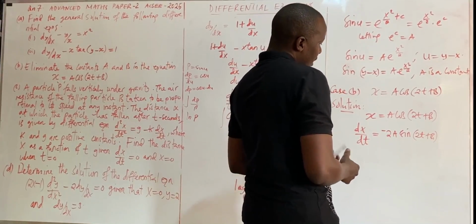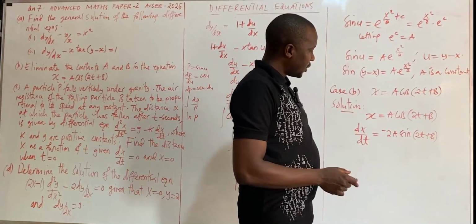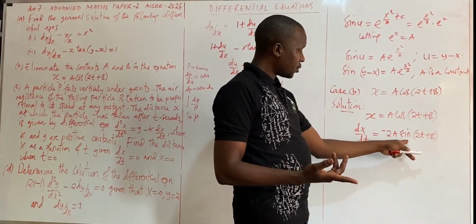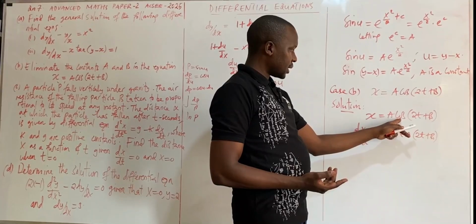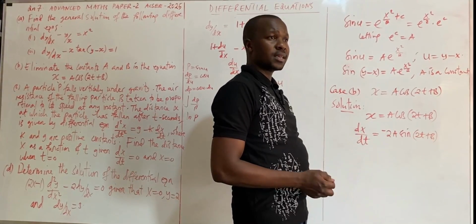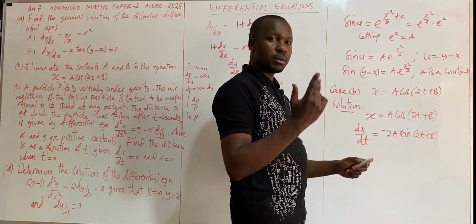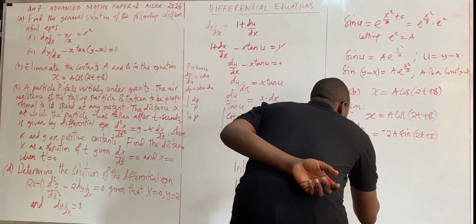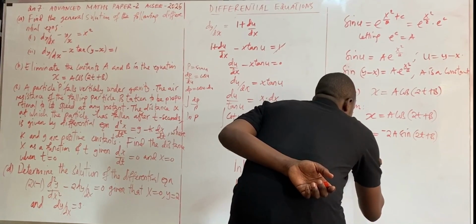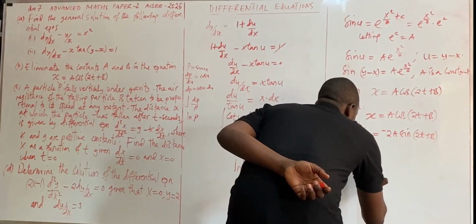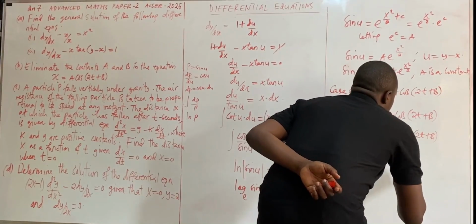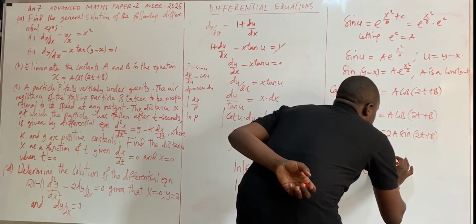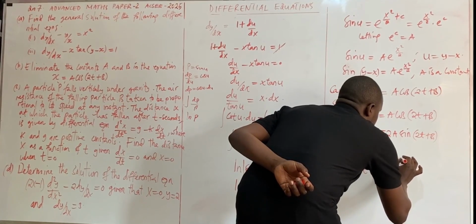But now there is a possibility: if we differentiate this one once more, we are going to form something where we can replace it by x, and from there a and b will be eliminated. So if we perform one more differentiation, the second derivative with respect to t, the derivative of the inside is 2 again, so it will be negative 4a.